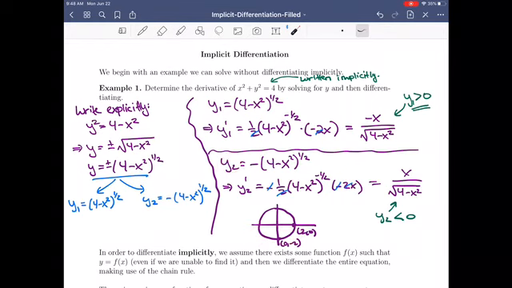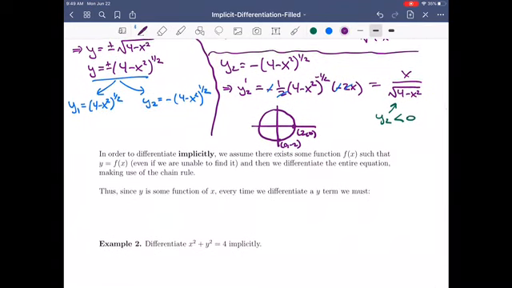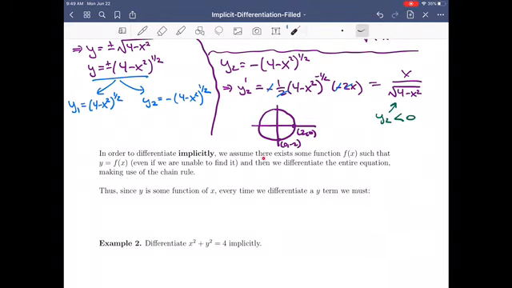Okay, now we could actually find this derivative implicitly. So what that means is we're going to assume that there is some function f of x so that y equals f of x. So we suppose that we can solve for y, which we did above. And then we can just differentiate the entire equation, but we need to use the chain rule.